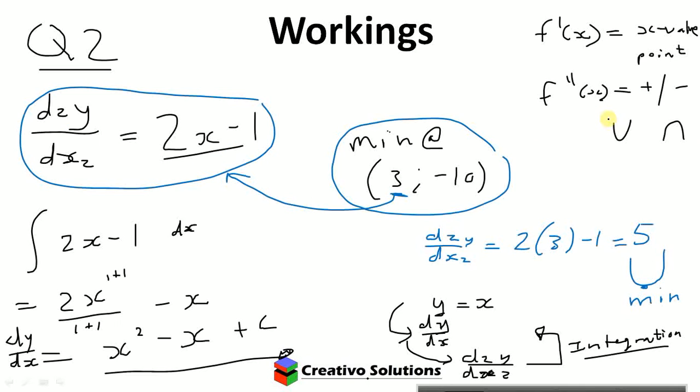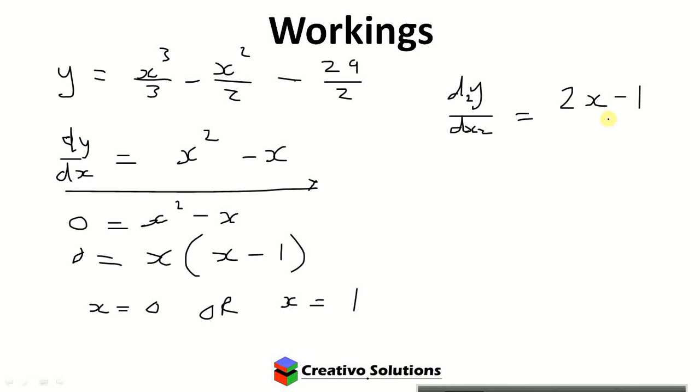Okay, but I see they've already given you the minimum. They've given you one of the points. They haven't given you the other point. But then you don't know what the C is because the C would have fallen away. So if we've got dy over dx equals 2x minus 1, yeah, that is right.